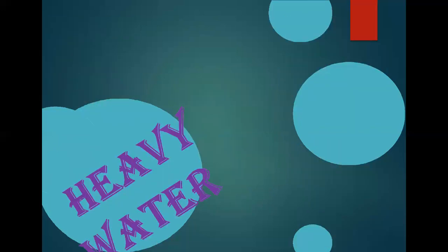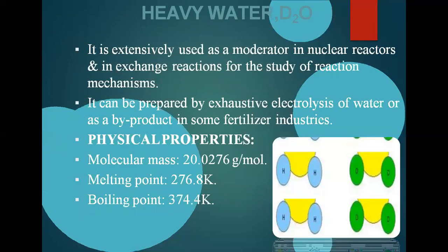Okay. Next is heavy water, D2O. It is extensively used as a moderator in nuclear reactors or in exchange reactions for the study of reaction mechanisms. Deuterium is used as the moderator, like a controller of the nuclear reactors.